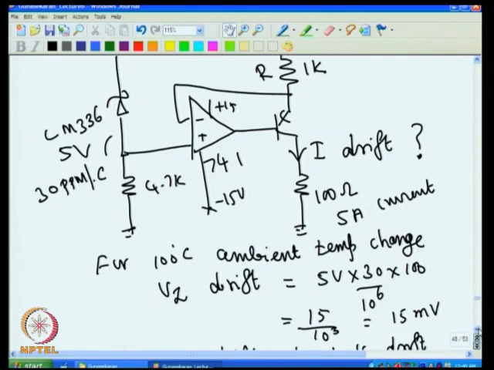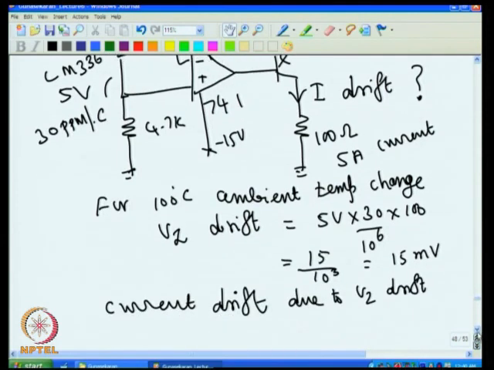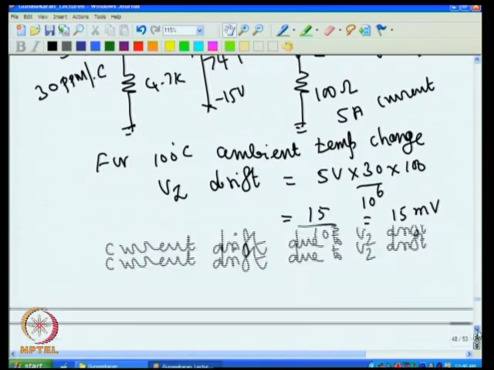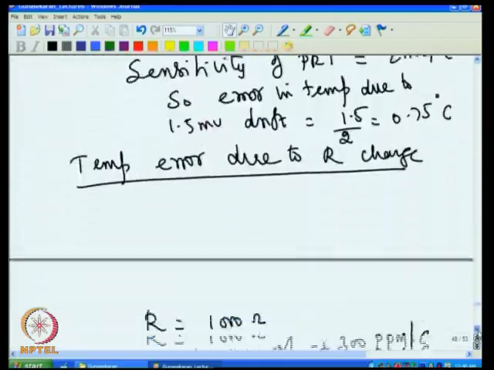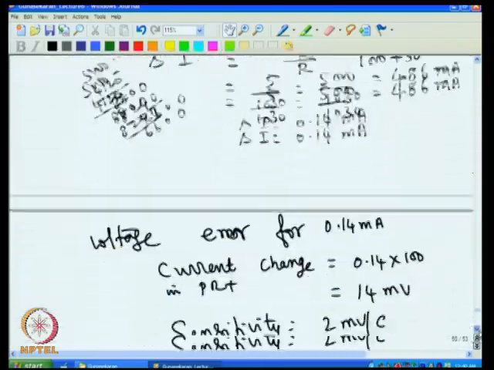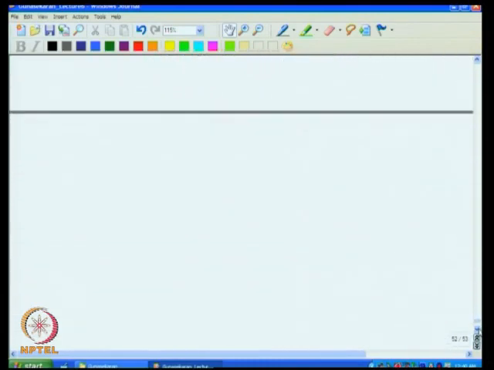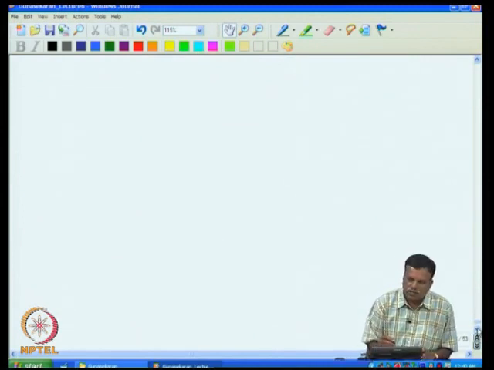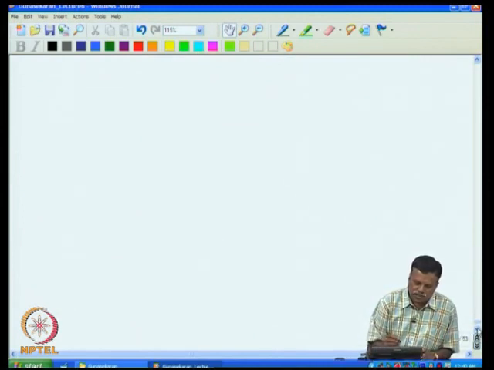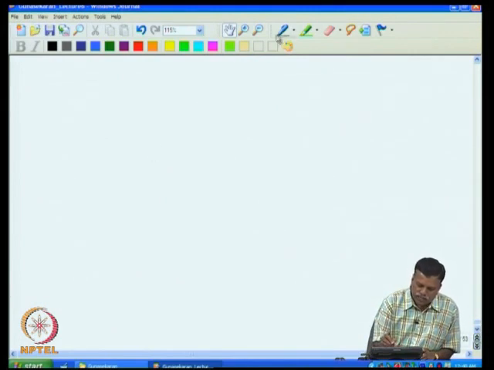So the constant current source design can be looked at in a different way. For example, I can have a constant current source where the Zener is connected with respect to ground. I can design a current source now using a Zener with respect to ground. Say I can do it like this.